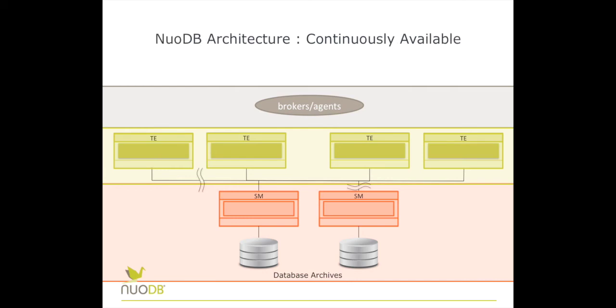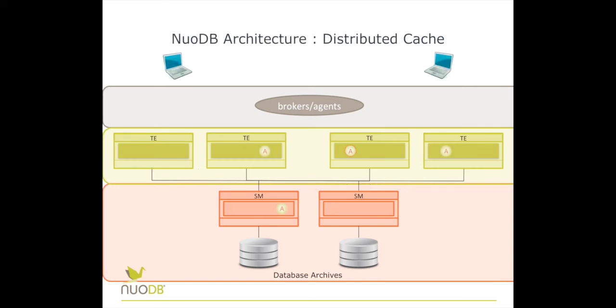And because of replication for resilience, and because of the ease by which you can kick new TEs into place, a NuoDB database is a pretty hard database to kill. You can lose individual processes, you can lose nodes, machines, you can lose whole data centers, and it can still carry on running.